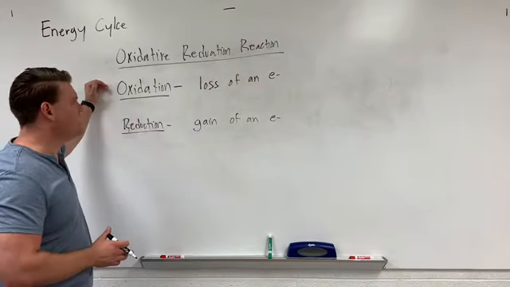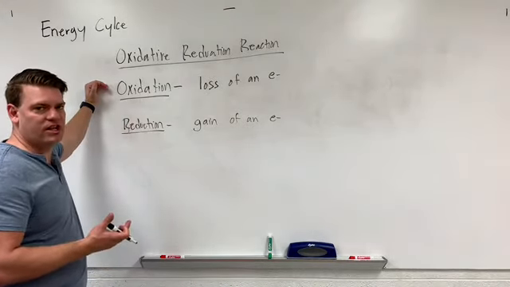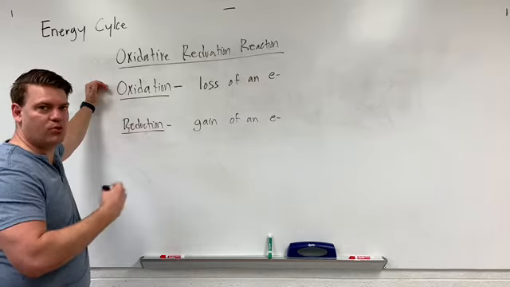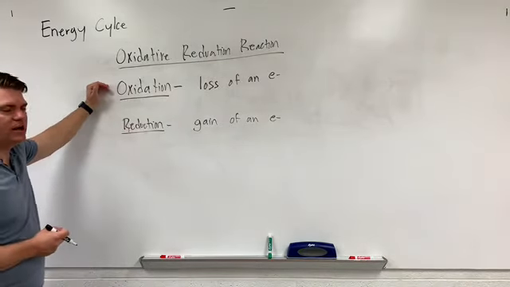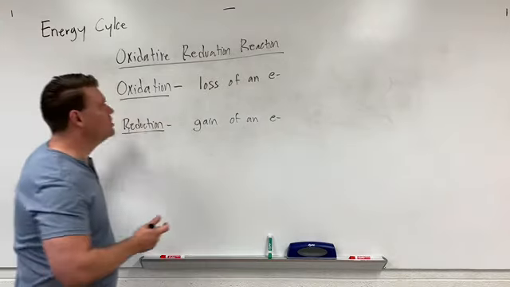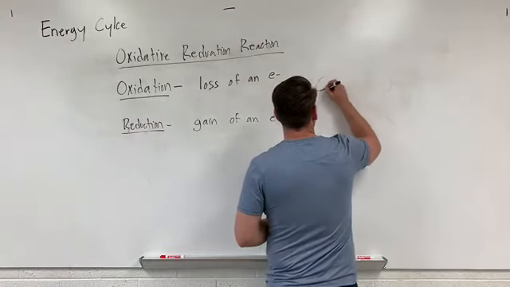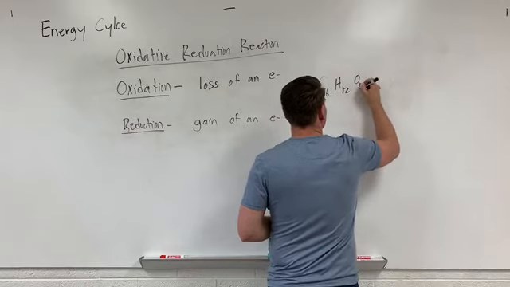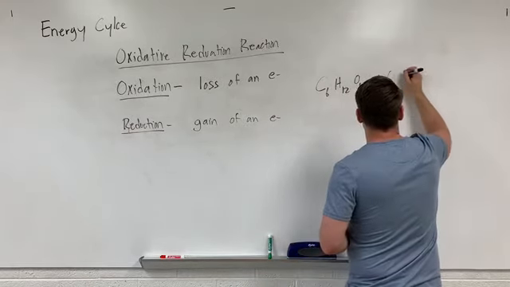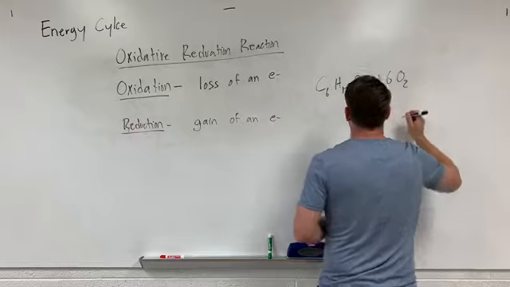And then oxidation, we usually call it oxidation because it's the oxygen that's pulling away that electron from the original molecule. So when we showed here in our picture, we had our C6H12O6 plus our 6O2.